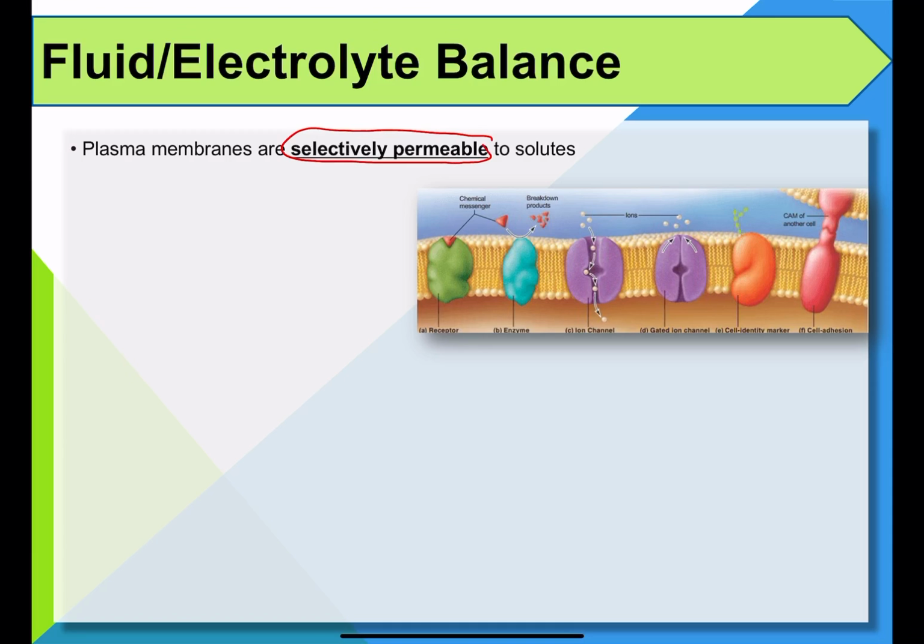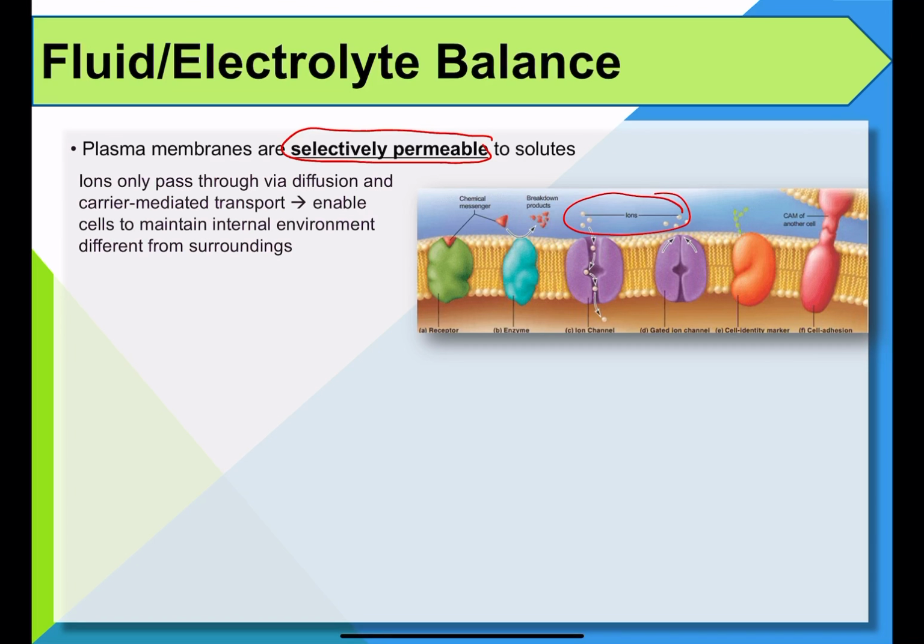Other molecules like ions, polar molecules, charged stuff, and large bulky molecules like proteins, amino acids, or glucose will require the assistance of transport proteins within the plasma membrane.